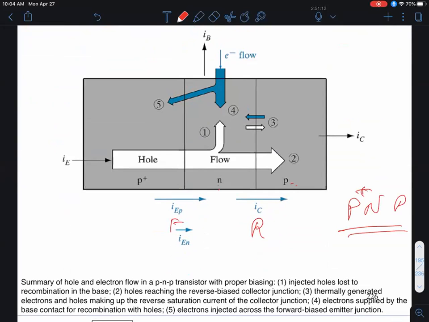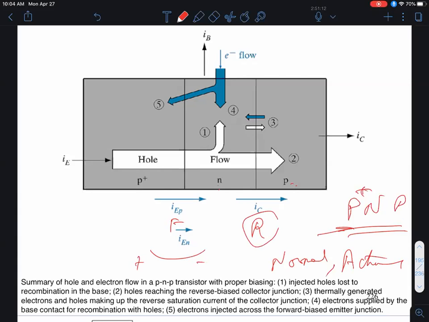Not necessarily always, but this is the usual mode, which is known as your normal active mode of operation. This junction will be forward biased by having a positive voltage over here with respect to this, and this will be reverse biased, as shown for a PNP device.